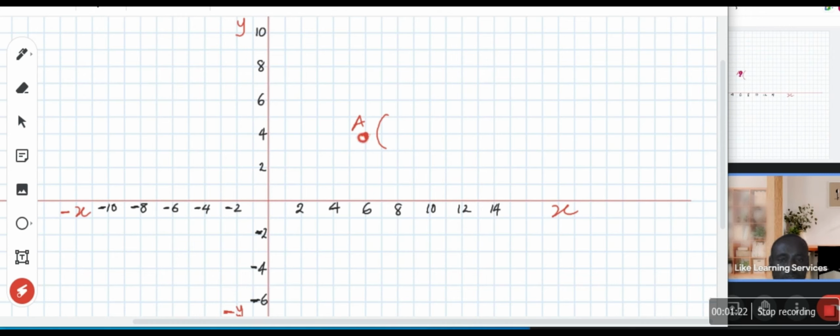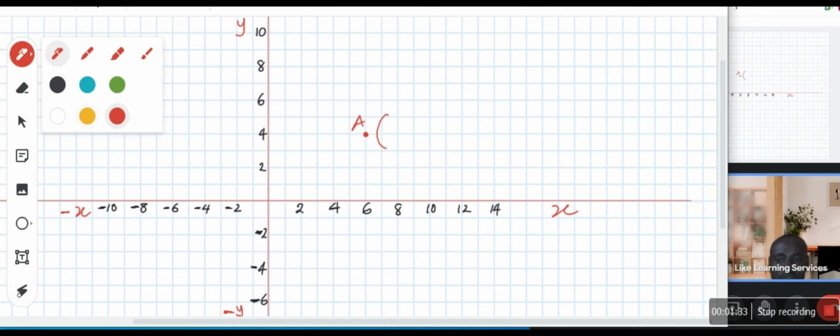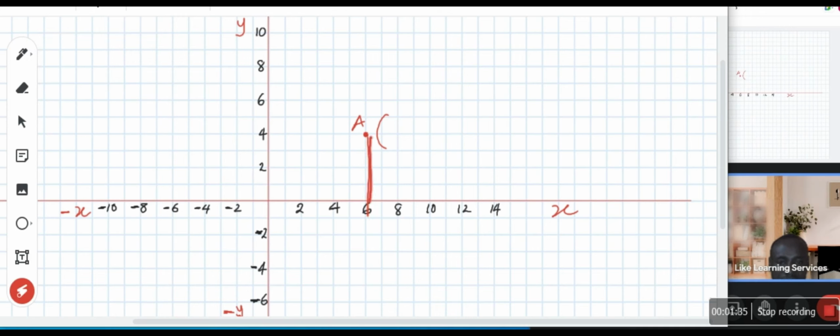Its position on x is 6, right? Now what about its position on y? You trace it to y to get its position on y.